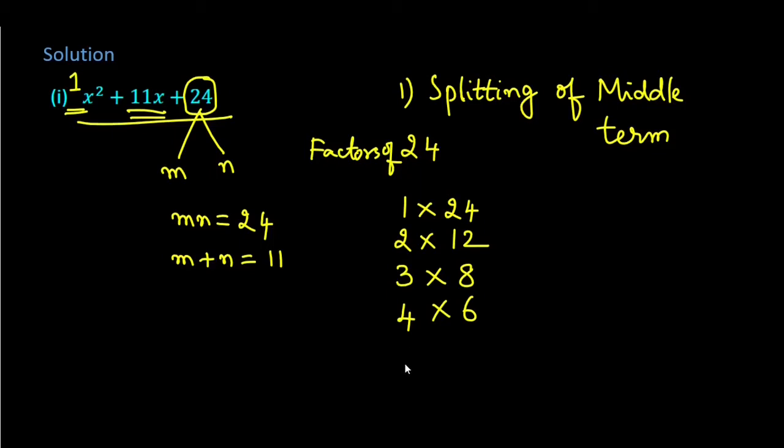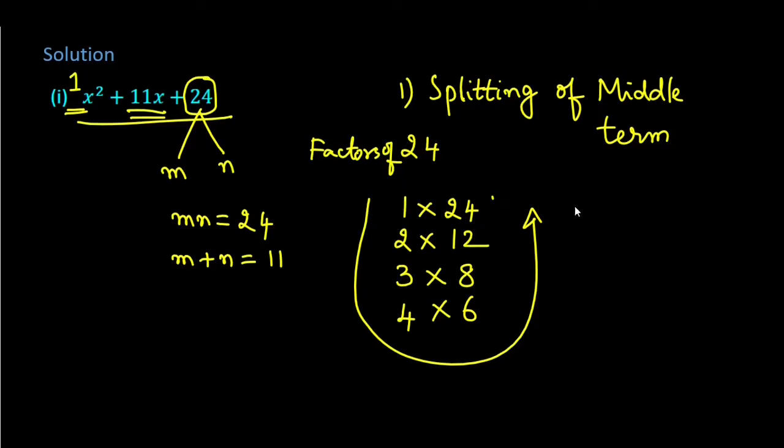Then 6. 6 divides 24, but we have covered 6 here. Then 8, 12, 24 are covered here. So we have covered all the factors and all the conjugate factors of 24. We have written all the pairs of factors whose product is 24.